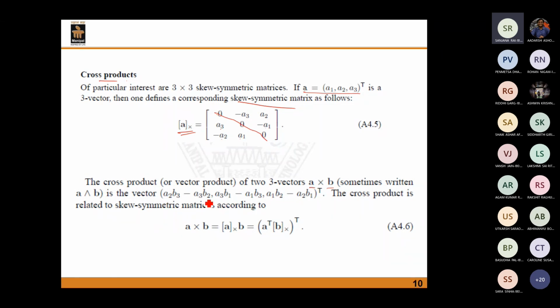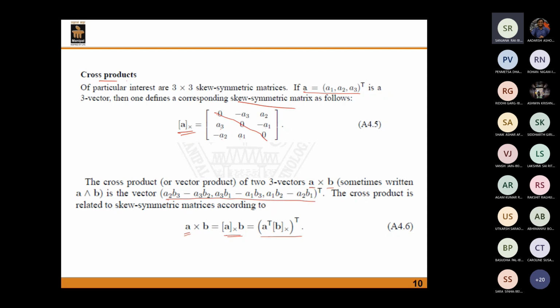This expression can also be calculated in terms of the skew symmetric matrix, which reduces the computation. So the cross product A cross B can be written as the skew symmetric matrix of A multiplied by B. That means I will get exactly these elements that you are seeing here.